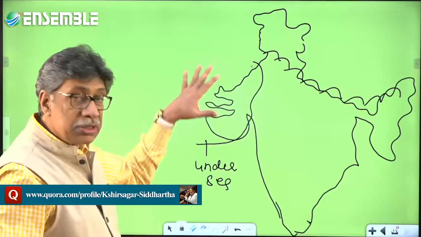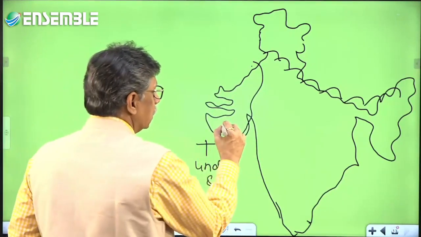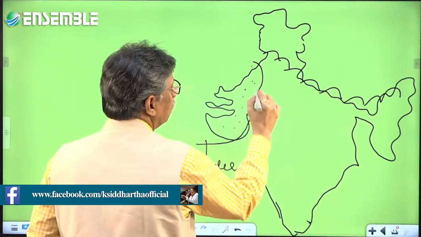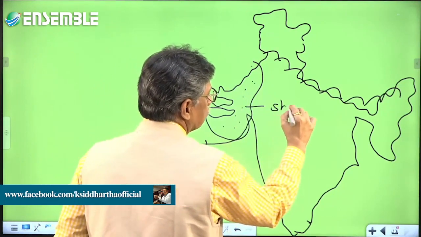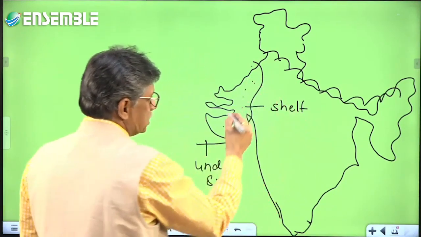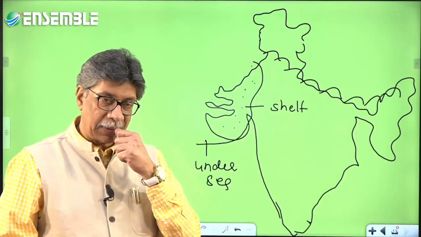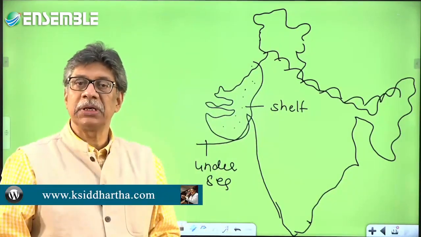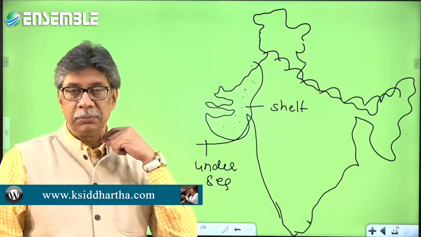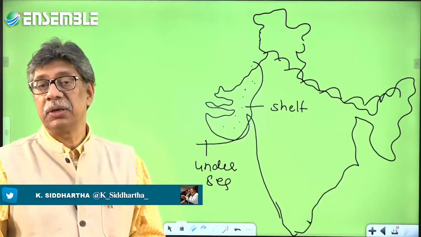And because it was under sea, it leads to the evolution of what we're going to call a shelf. So, the Rajasthan shelf, the Gujarat shelf, that is the name that is going to be given to it. All of these developments were taking place in a parallel, contemporary manner while the Himalayas were being formed.